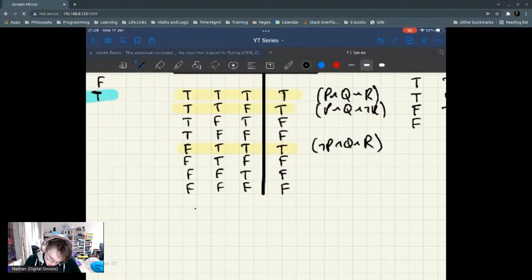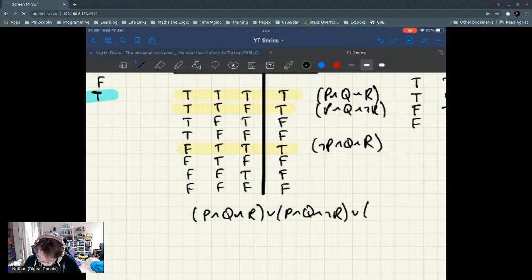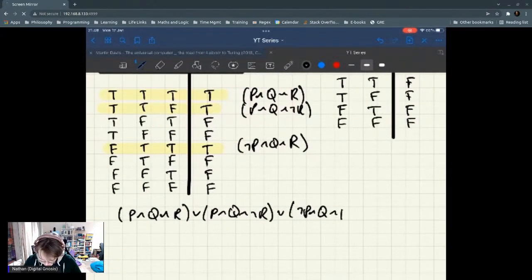So we get P and Q and R, or P and Q and not R, or not P and Q and R. So I hope that makes sense at that point.